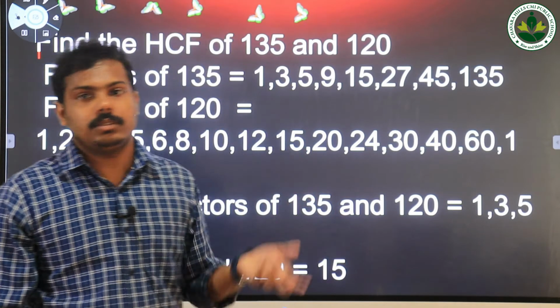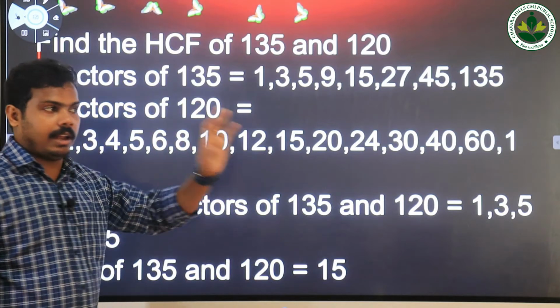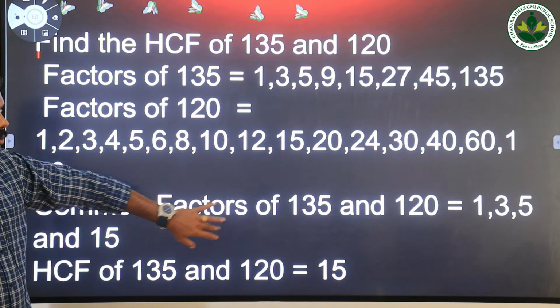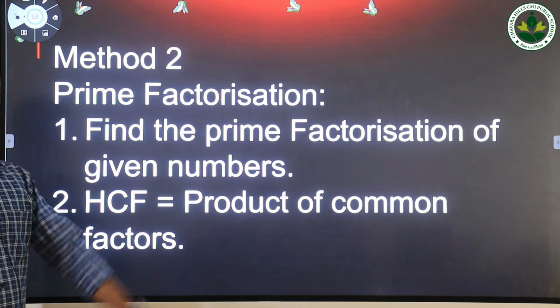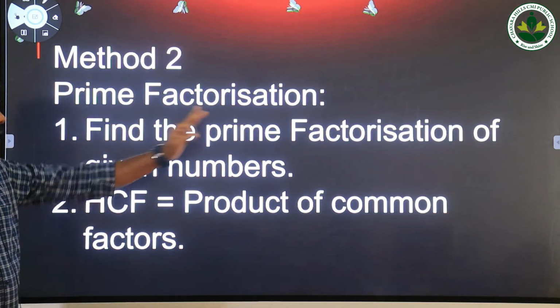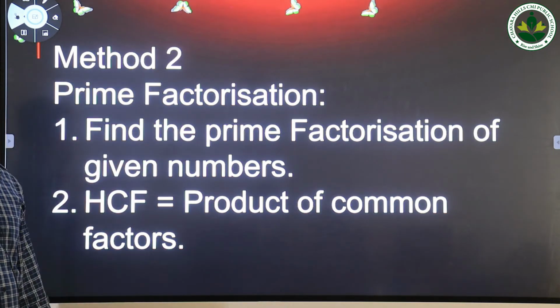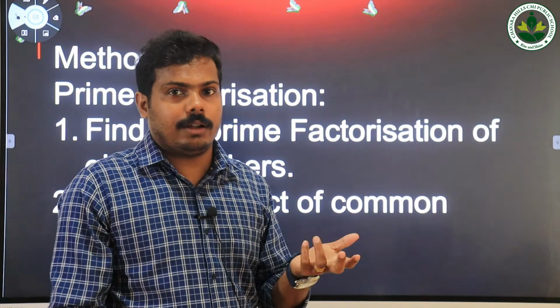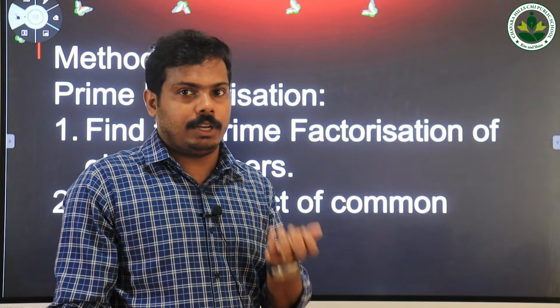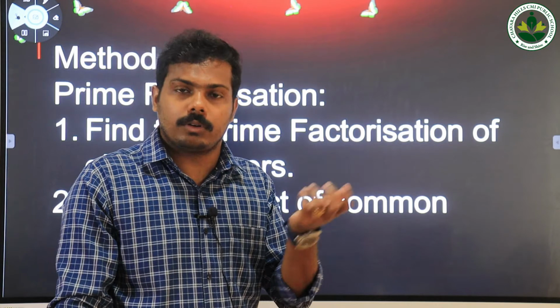So in this case we need to take another method. Second method, method 2, that is prime factorization. Find the prime factorization of the given numbers. Prime factorization means we need to find the prime numbers only. We need to write the number as the product of prime numbers.